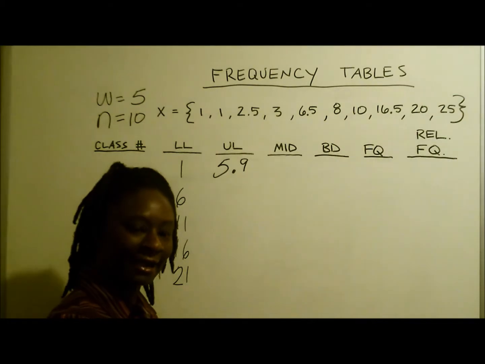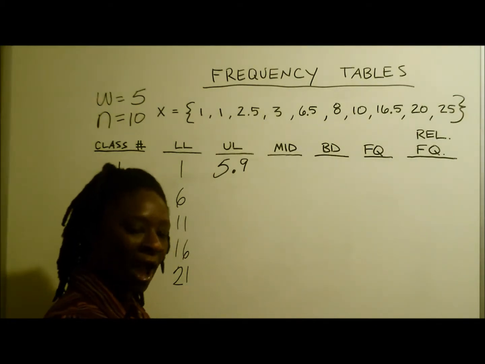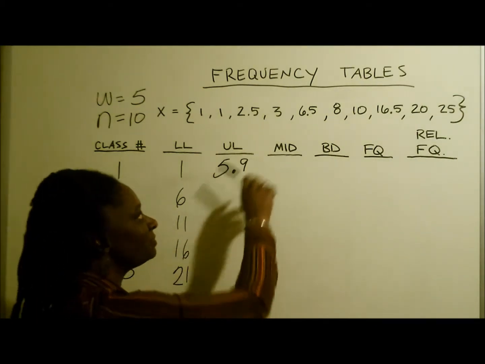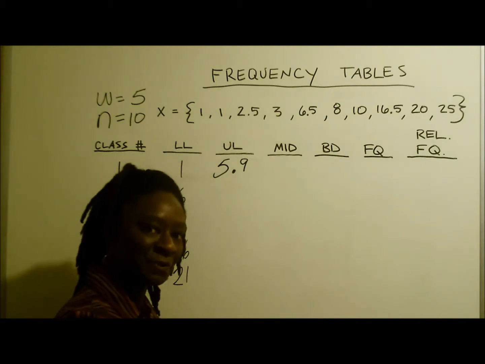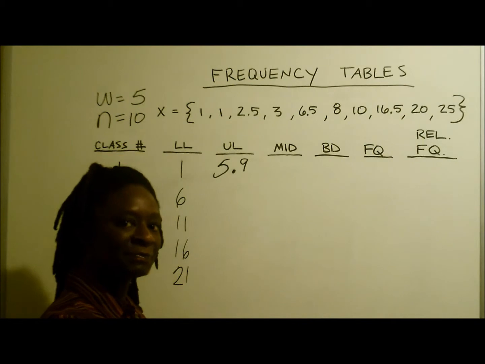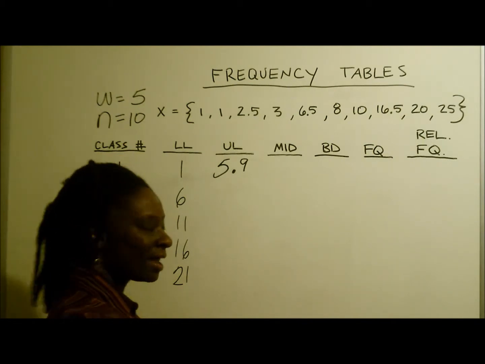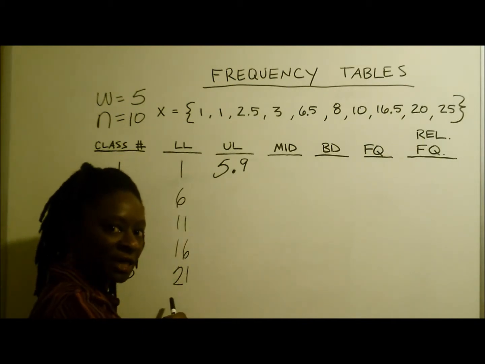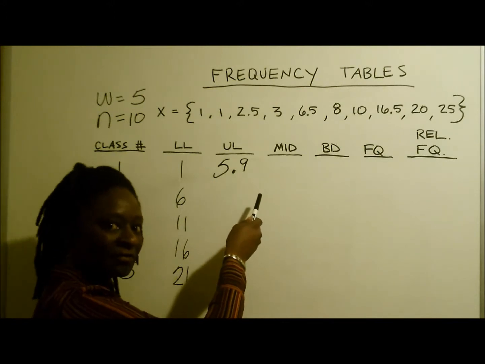Why 5.9 and not just 5? Well, if you notice in our data, we have decimals there. So if we have decimals in our data, we must put them in our upper limits. It's not necessary for the lower limits, but it is required for the upper limits.